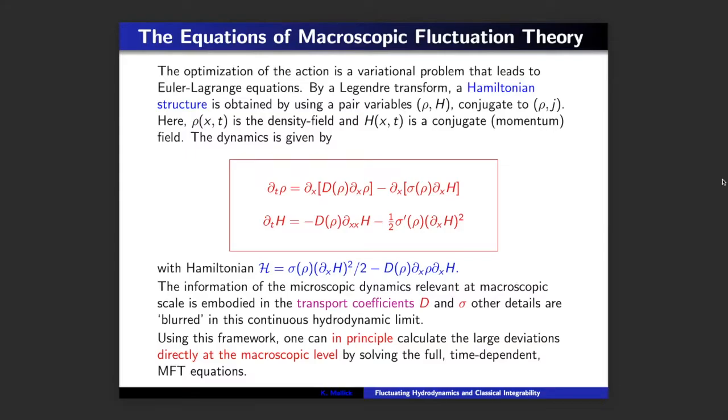Very reassuring, but not so much, because if you look at these equations, there's a minus in front of the diffusive term. So it means that there is a danger of blowing up. It's not so standard. But you can try to study these equations by different means, and with the boundary conditions that occur in the problem you're studying, you can in principle compute the large deviations directly at the macroscopic level, without having to go into the microscopic problem and use integrability at the microscopic level to get the results that we got yesterday, for example.